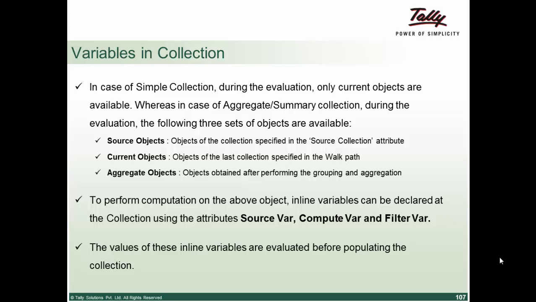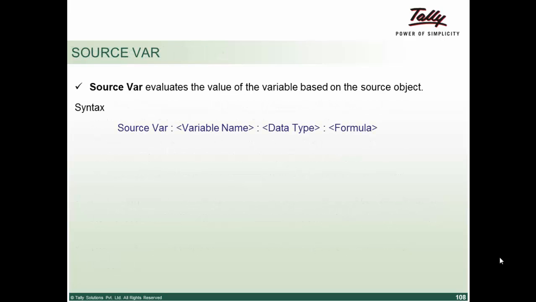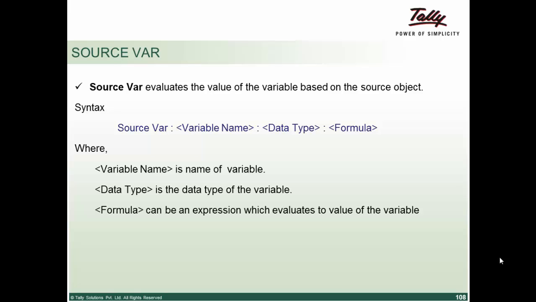Starting with sourceware: sourceware evaluates the value you have specified based on the source object. The syntax is very simple: sourceware, var name, that is the variable name, the data type this variable will hold, and the value that you want this variable to hold.